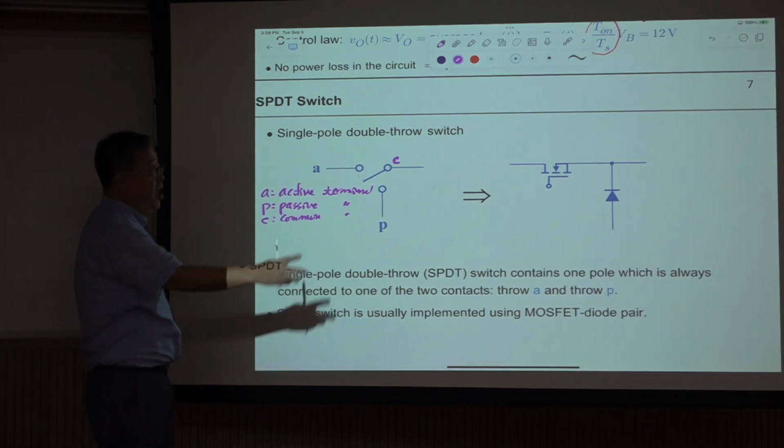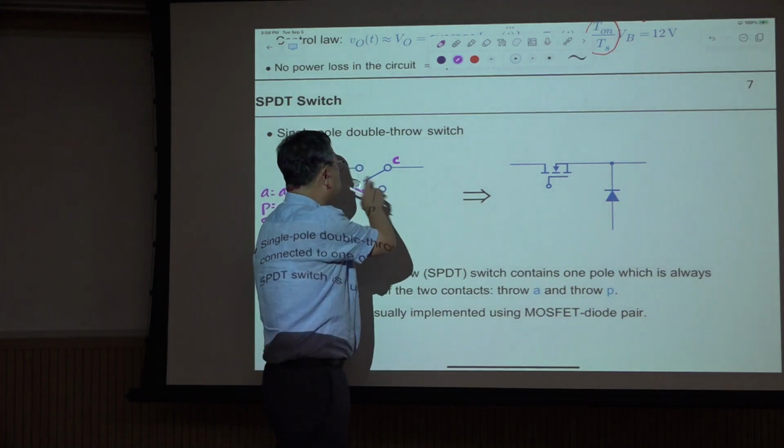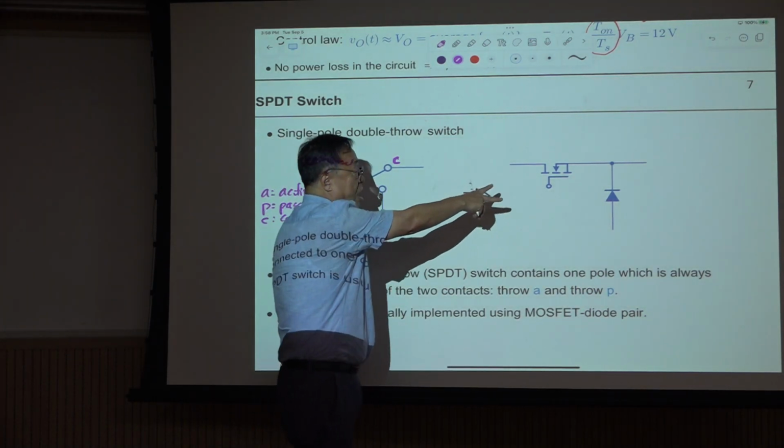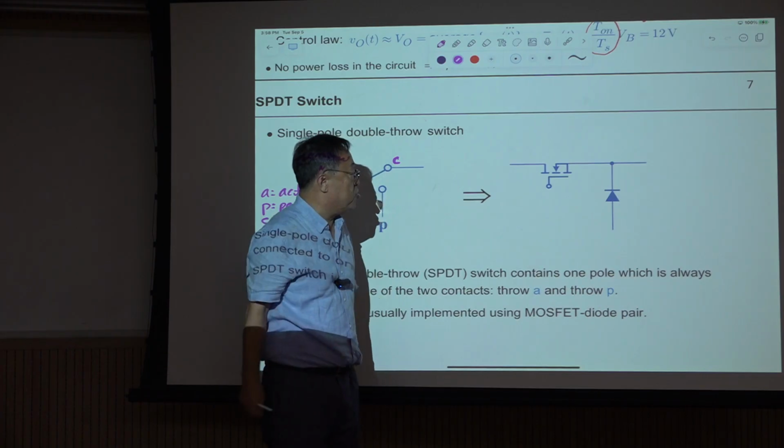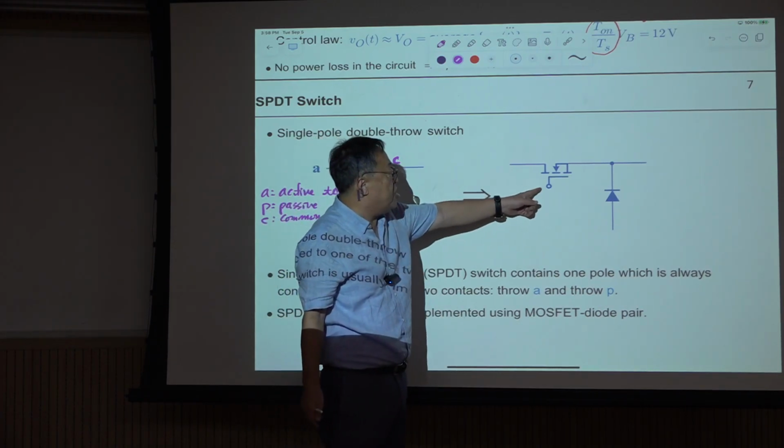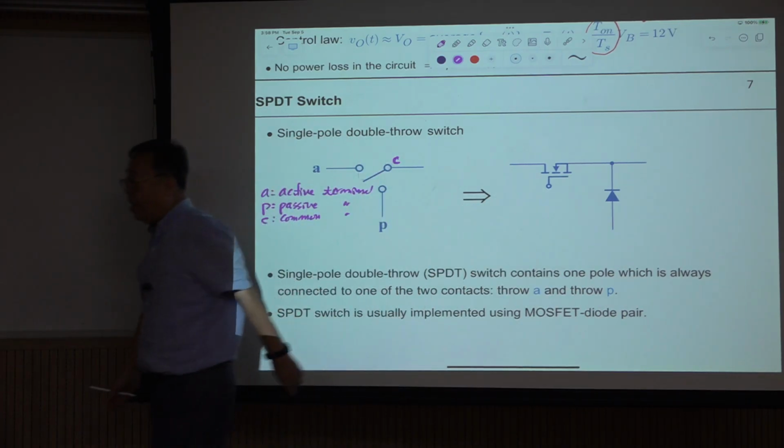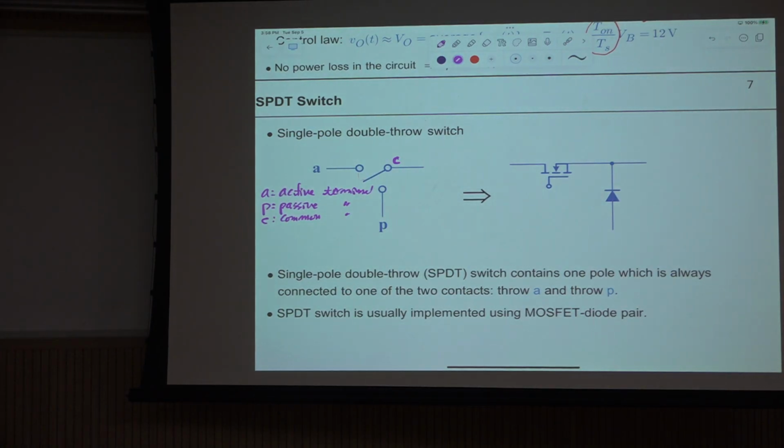And this is the practical implementation of this SPDT switch using semiconductor switches. This is an N-channel MOSFET, and this one is a diode. So we will discuss some details about this. But now assume there is some voltage source across this A and P terminal, and there is a current source connected here, right?